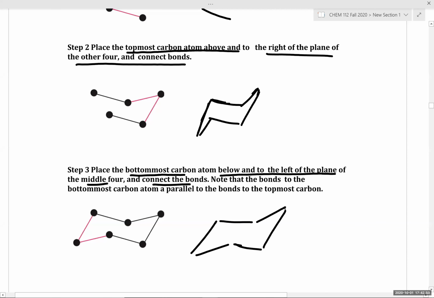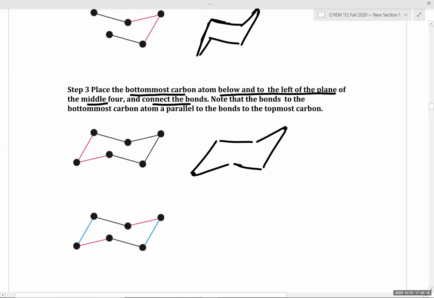You have your two parallel lines and your topmost and bottommost carbon. You really want to practice drawing your cyclohexane chair conformations because you don't want to make an error in drawing your chair conformation and end up missing a key point from the drawing. So that's how you draw a cyclohexane chair conformation.